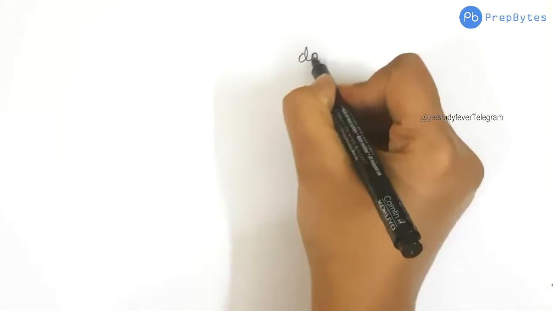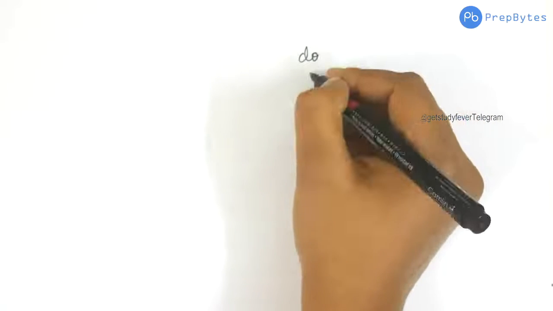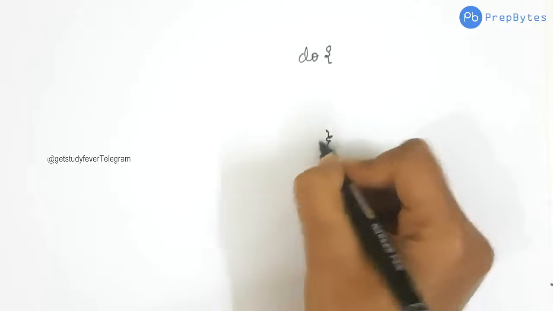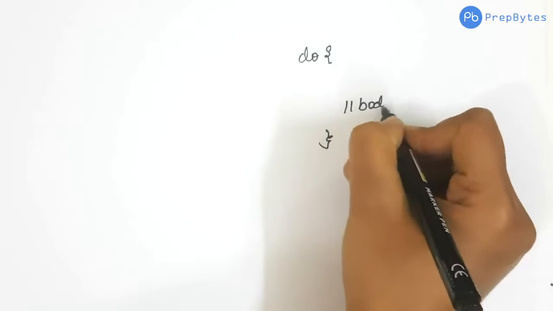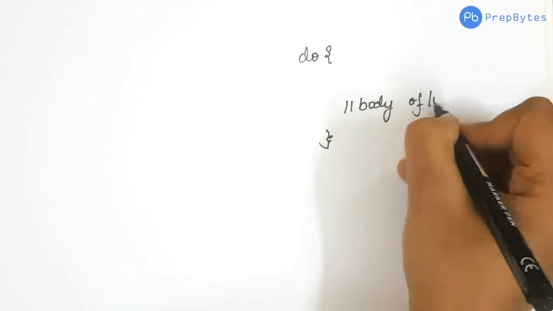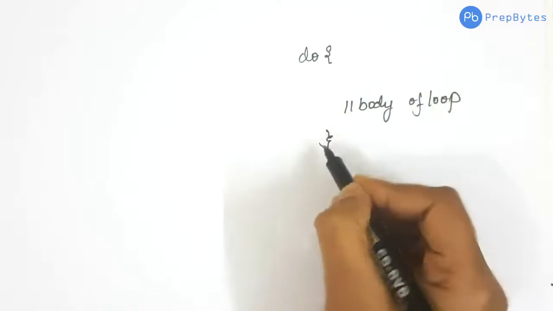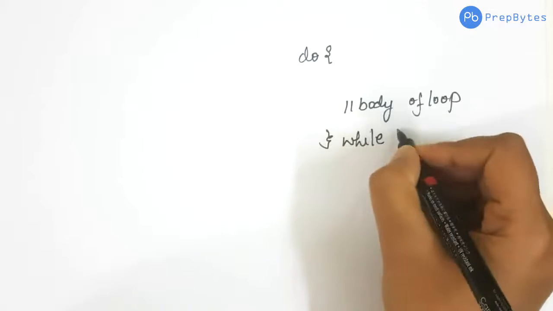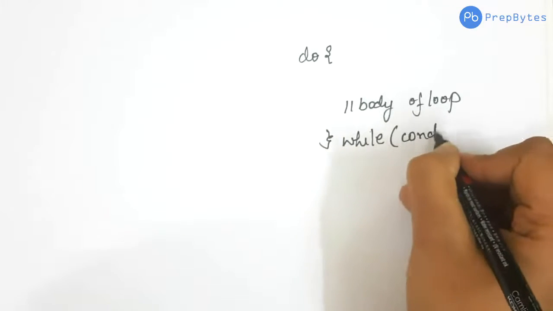So do while loop goes something like this. So now let's see the syntax for using do while. For do while, code generally goes like this. We have a keyword do, then we have the body of the loop. Then after this body we have a while keyword and we have the condition.